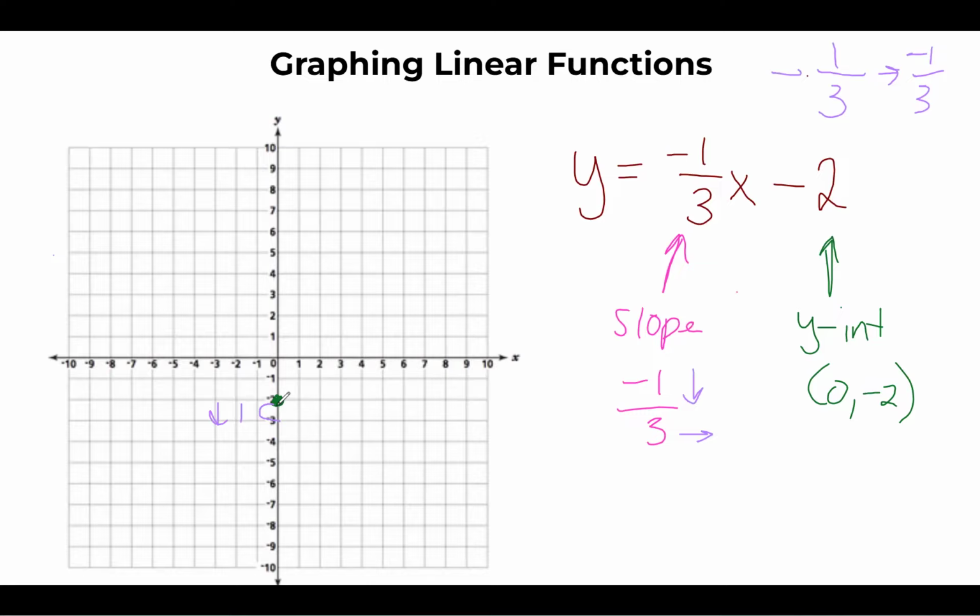I'm not placing a point there yet. I need to make sure I follow my denominator. My denominator says to the right 3: 1, 2, 3. Only once I have followed both can I make a marking for my point. You have your 2 points. You could go ahead and connect.